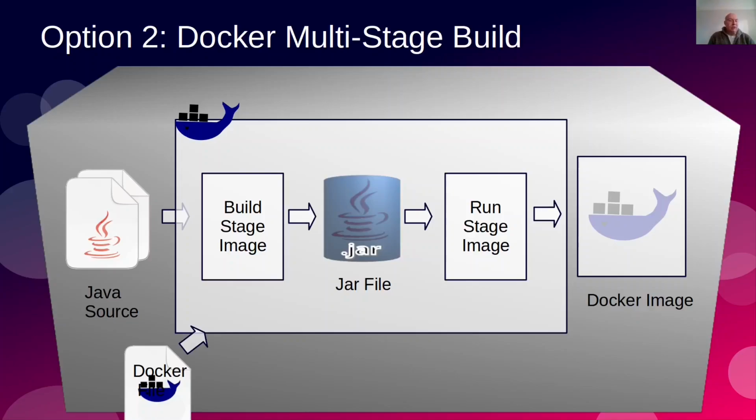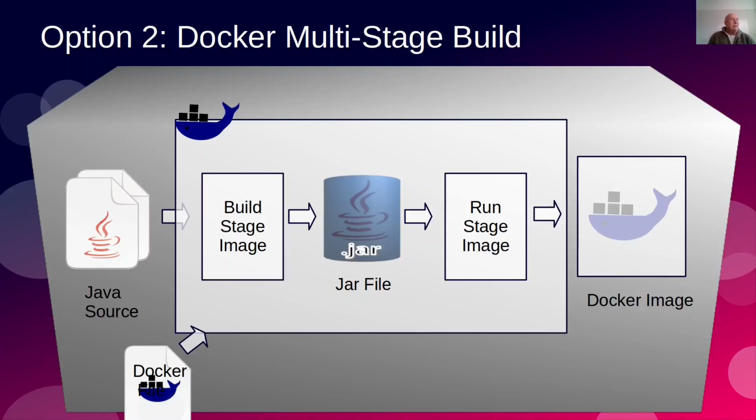And so we will split our Docker file into 2 stages. We'll have one stage which has all of the build tools, the Java tools necessary to compile the Java source into a jar file. And we'll have a second stage which is usually optimized for size and security to run that jar file in production.